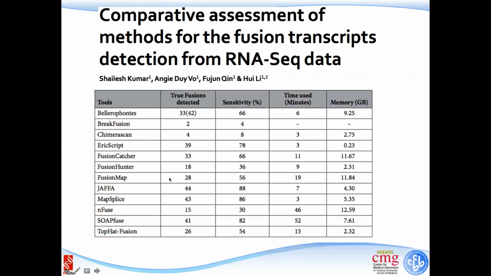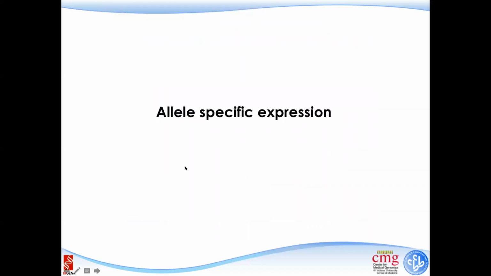So you can see Java with a high sensitivity here. But they also have some downstream testing. I found that Java is highly time consuming. So in the future, if you need to study gene fusion, you need to read some of these papers and evaluate which method you may need.